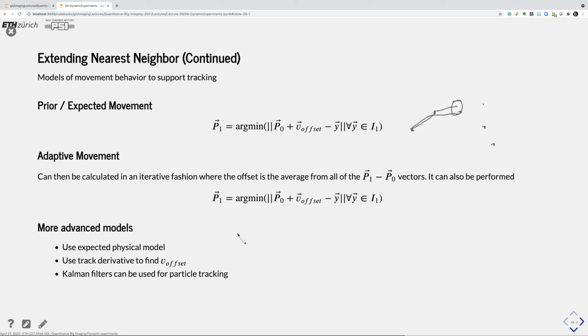So the more certain you are, the closer you get with this circle when you search for the next one. You can also decide how big this search area is. So this is a pretty nice way of improving the quality of the tracking.